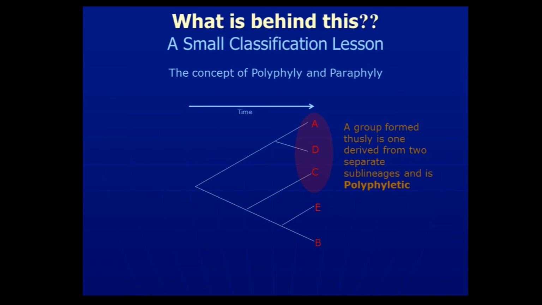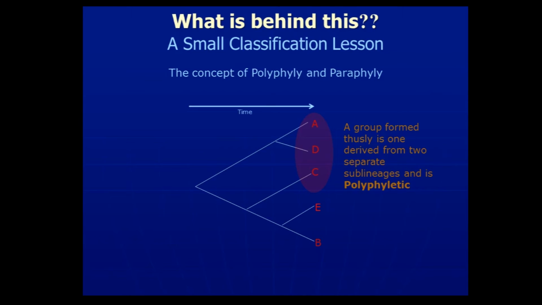I showed you how groups were formed from that, but let's look at what happens when you get inappropriate groups, and that's really what underlies a lot of the changes in names. If you have a group that includes these two and then this interloper, that group is actually formed of two separate lineages.